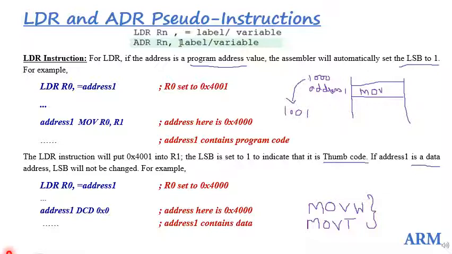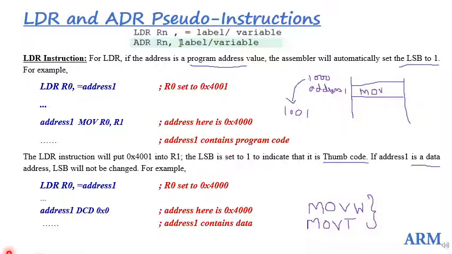Unlike the previous ARM processors which required an explicit change in the state, when they were using ARM instructions, they had to switch to ARM mode, and when they were using thumb instructions, they had to switch to thumb mode. Unlike that, in Cortex M3, the instruction set always supports Thumb-2 technology, and hence it will always be in the thumb mode.